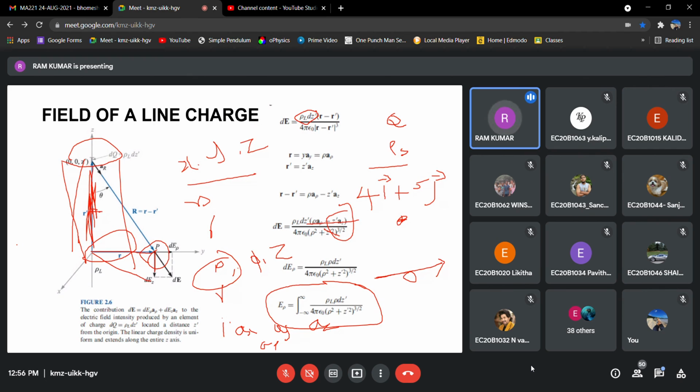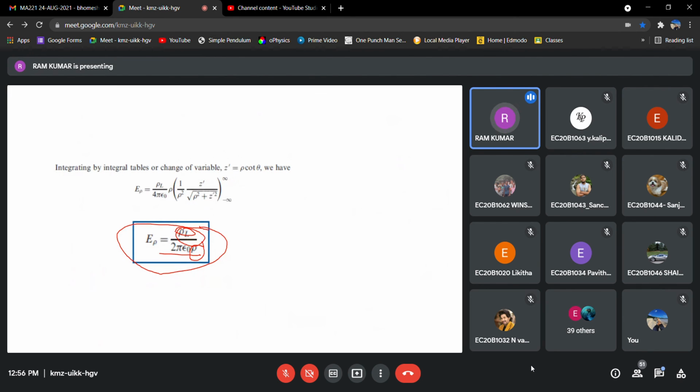Now we can have some idea why we go through all this derivation: finally, we arrive at the equation. What can we get through the equation? If you have a line charge and you know its value, and this is the point where I am going to measure the field, and the distance is known, I can easily find the field over here due to this line charge.